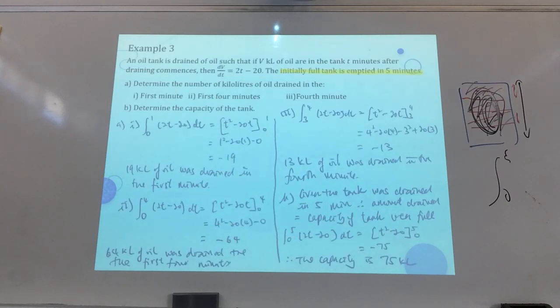If you can't interpret it, it doesn't make sense. Minus 75, what does it mean? The capacity is 75 kiloliters. So the application of integration is how you interpret the answer.